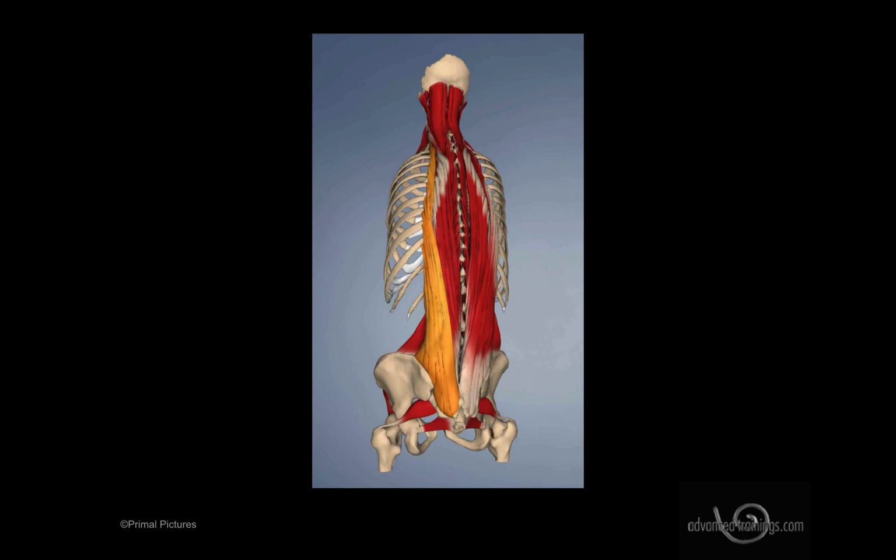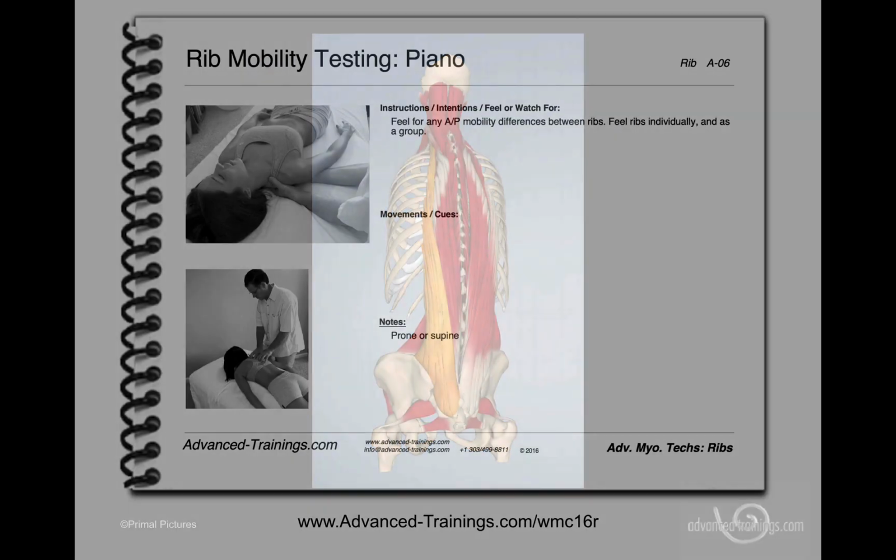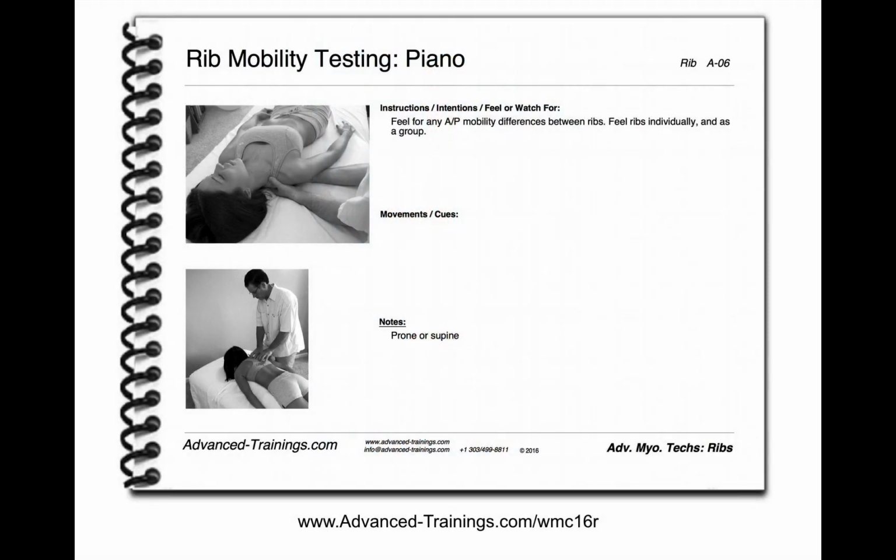So now that we've prepared the erectors and the costovertebral joints, at least as a first pass, we're going to do some assessment of their mobility using this technique, the piano test. And it can be done either supine or prone. I believe the video shows it supine, but you can imagine how it would look prone.